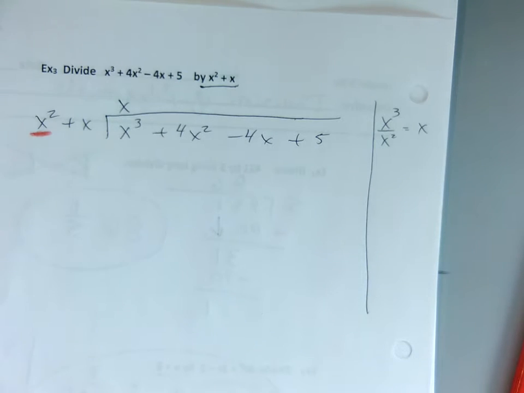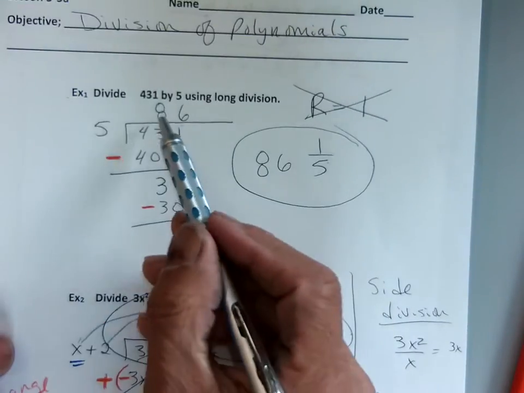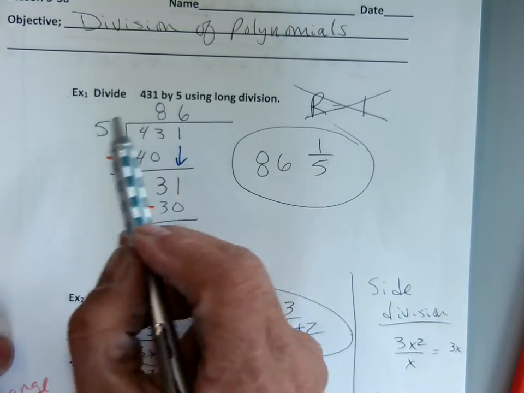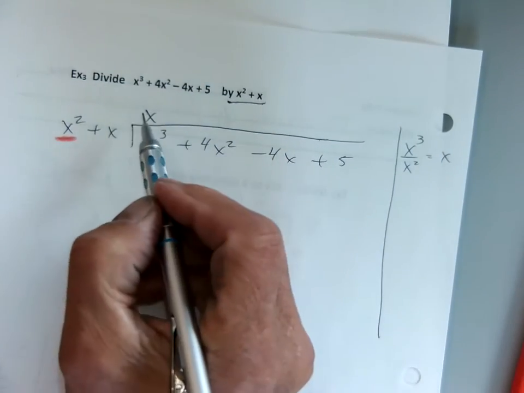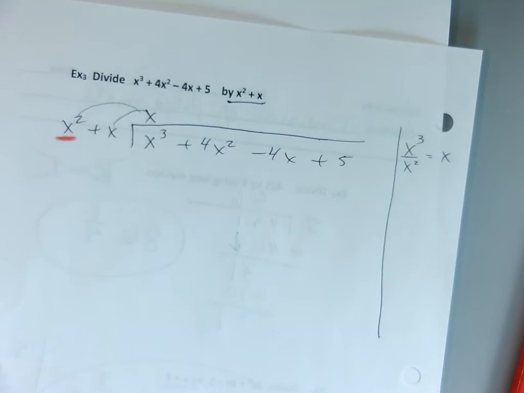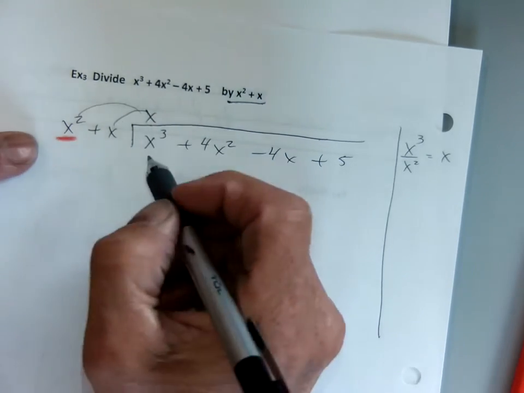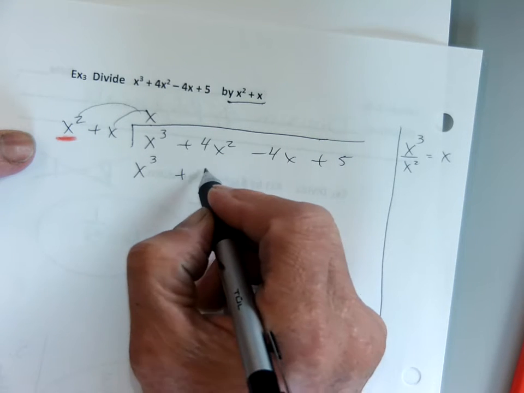And then, just like long division, we would multiply. I'm going to multiply my x times x squared and my x times x. So x times x squared is x cubed plus x times x is x squared.